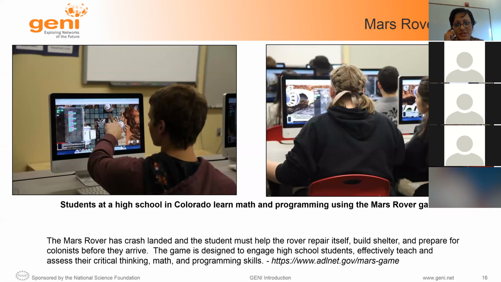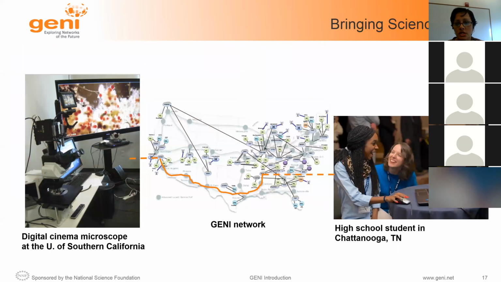And these are just projects done by folks all across GENI. So this one was students at high school in Colorado learning math and programming using the Mars rover. They developed a game using GENI and got kids interested in that.